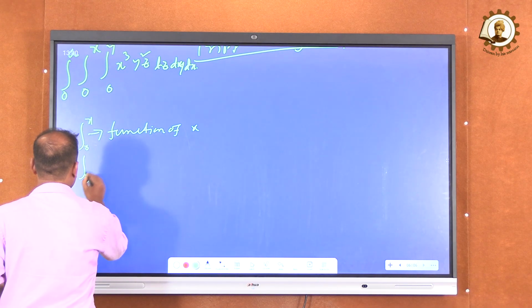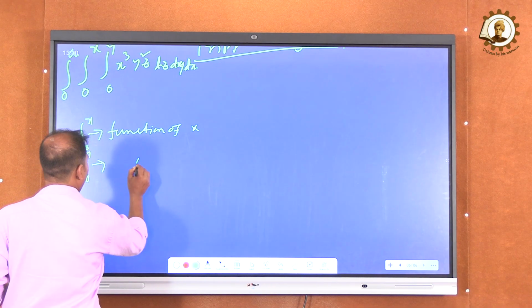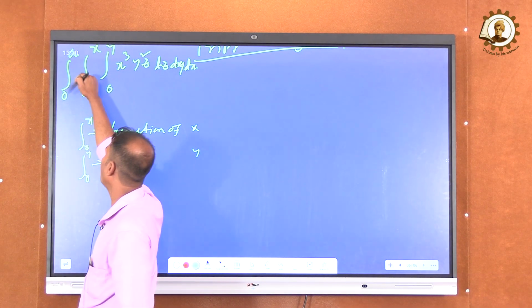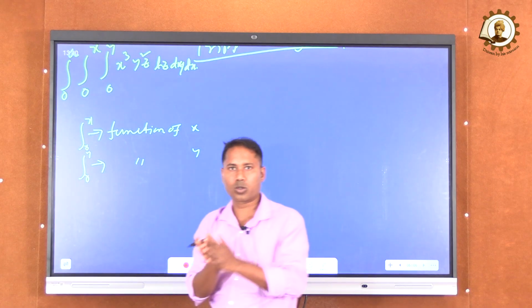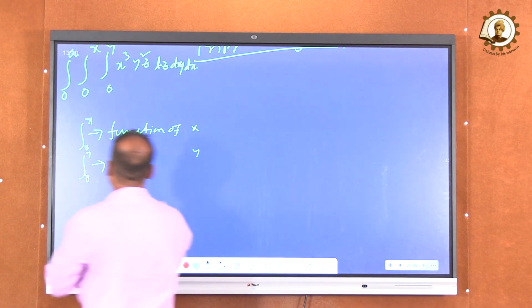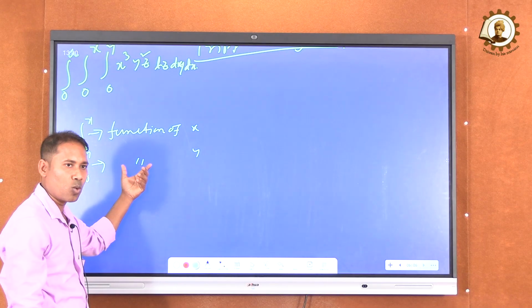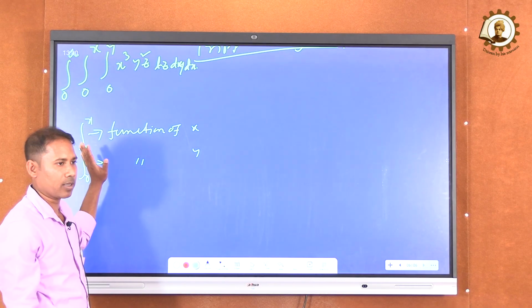Again, 0 to y is a function of y, and the last one, 0 to a, is the constant. So obviously we cannot integrate first with respect to y or with respect to x.